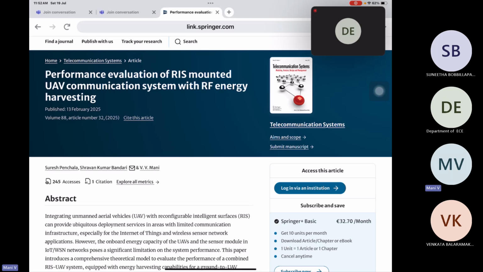You can place it on any building or any tree also. You just patch it to any board or any wall. Some signal is available on the top of the hill, so that signal falls on these surfaces.